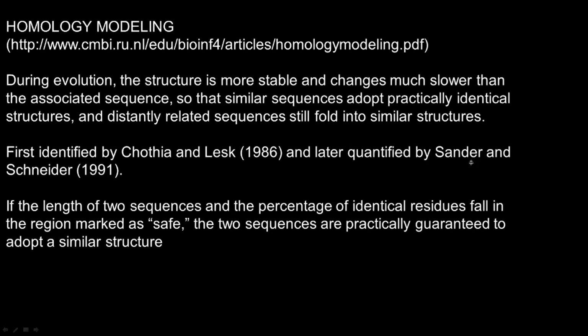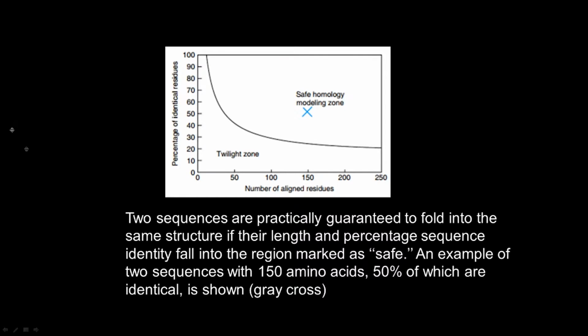This was first identified by Chothia and Lesk, later quantified by Sander and Schneider. If the length of two sequences and the percentage of identical residues fall in the region marked as safe, the two sequences are practically guaranteed to adopt a similar structure. If the number of aligned residues is 150, then this region you can call a safe homology model.